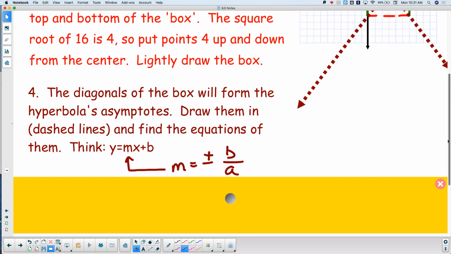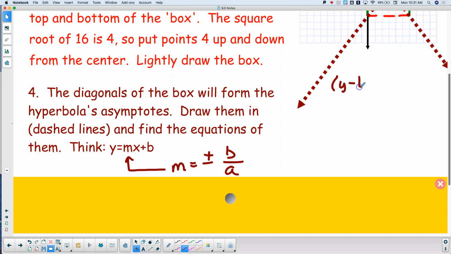Sometimes you get lucky, and one of the sides of your box is on the y-axis. That's important because that's where those corners would be b. In this case, we got lucky. If we don't get lucky, then we've got to use the formula, and I'm going to have to come up with two of them.